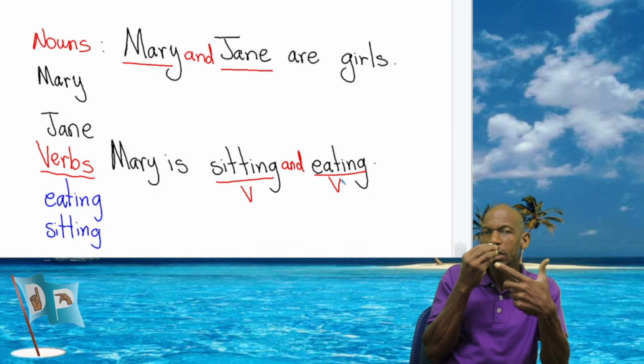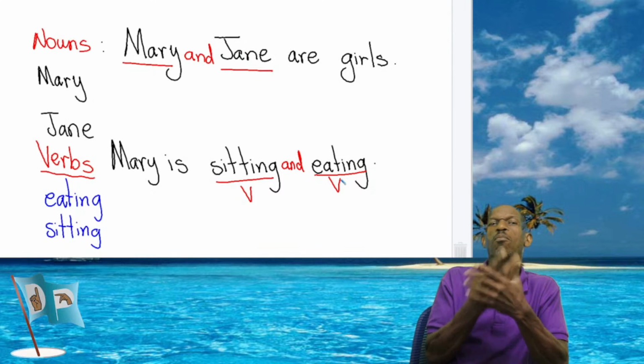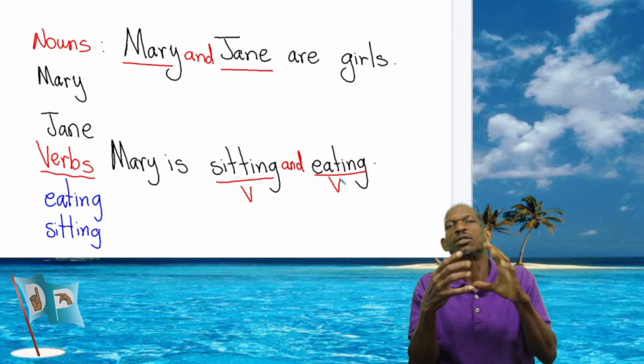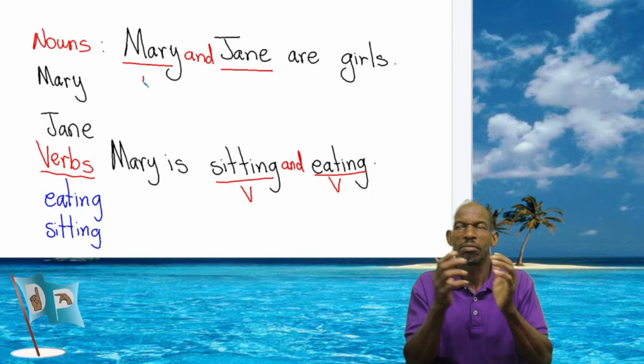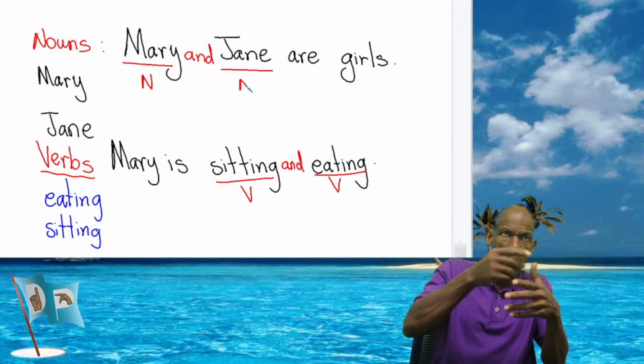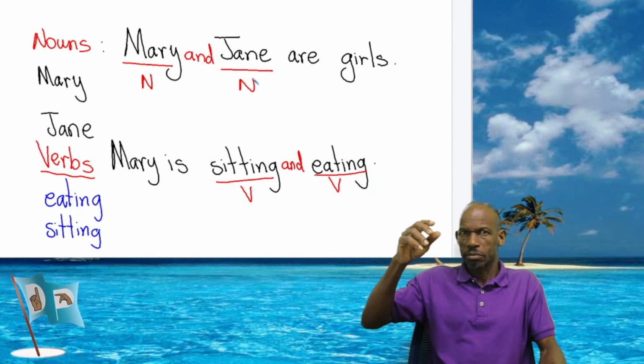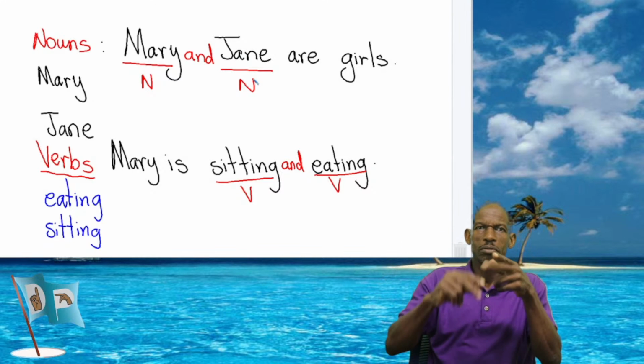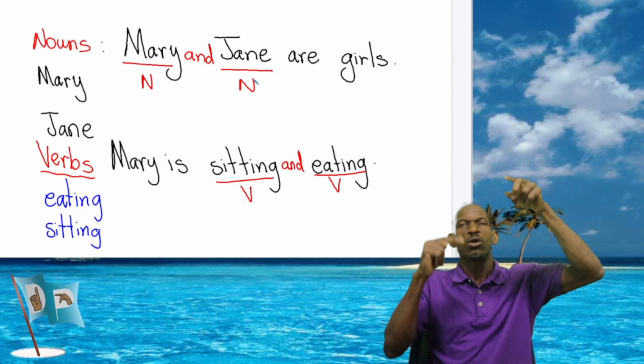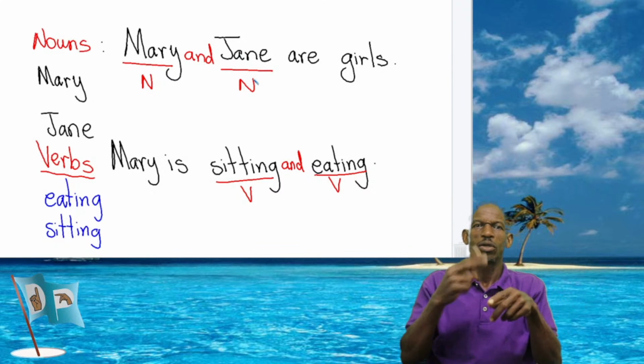That is why I can join them together, sitting and eating. Mary and Jane both are nouns, N for nouns. That is why I can do that. I can join sitting and eating. I can join Mary and Jane using "and."